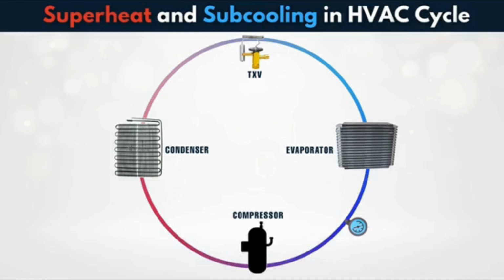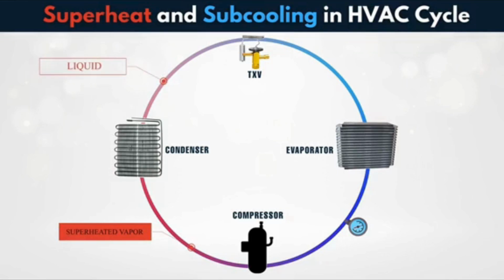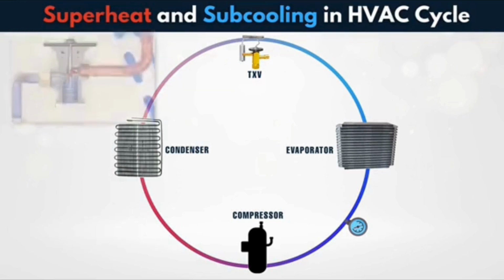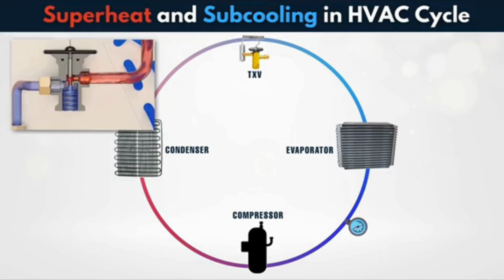Subcooling in the HVAC cycle. In the condenser, the opposite happens. The refrigerant exits the compressor as a superheated vapor and is cooled down until it condenses into liquid. After all vapor has turned to liquid, we want a few extra degrees of cooling. This is subcooling. Proper subcooling ensures that no vapor enters the expansion valve.